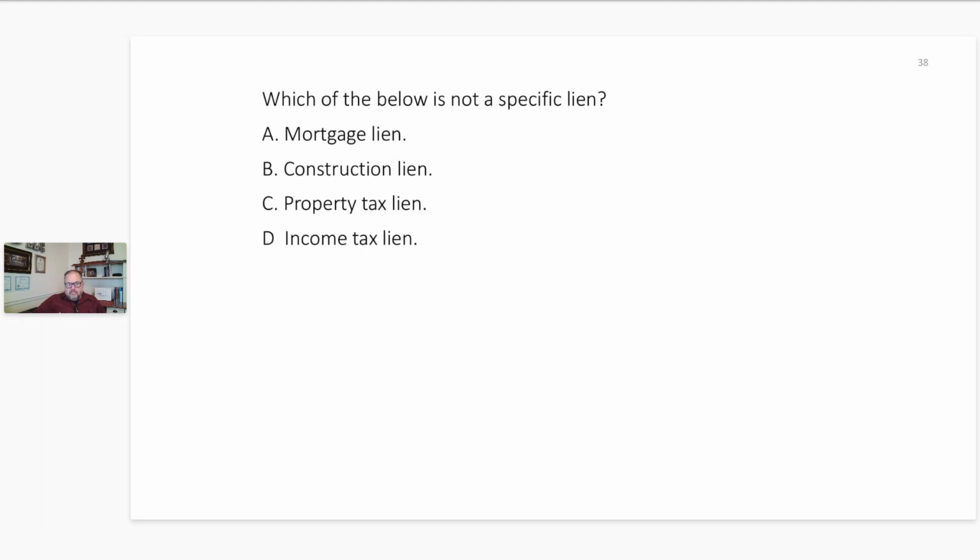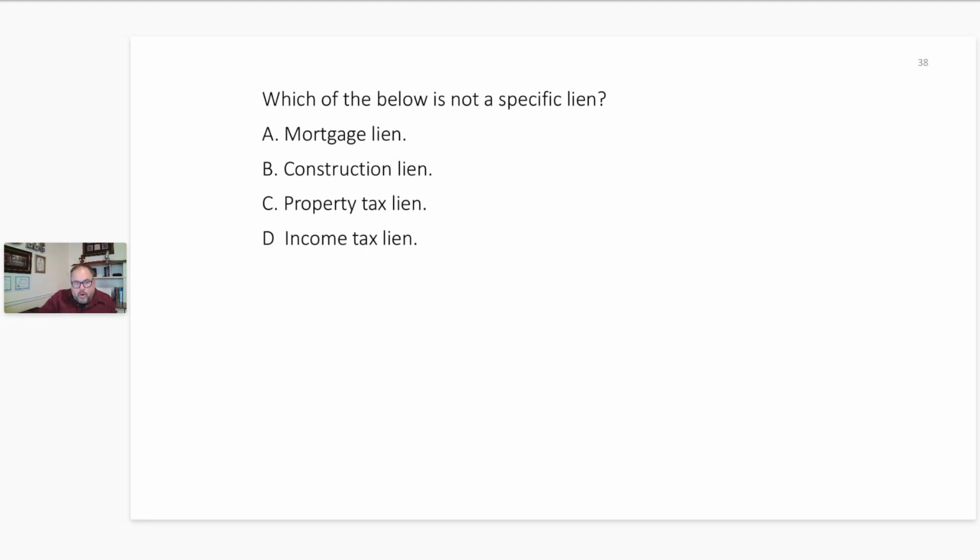Think about this now. Let's role play this. Specific lien. What are we saying specific? Specific to a property, one. Not multiple, one specific property. It's a lien on a specific property.